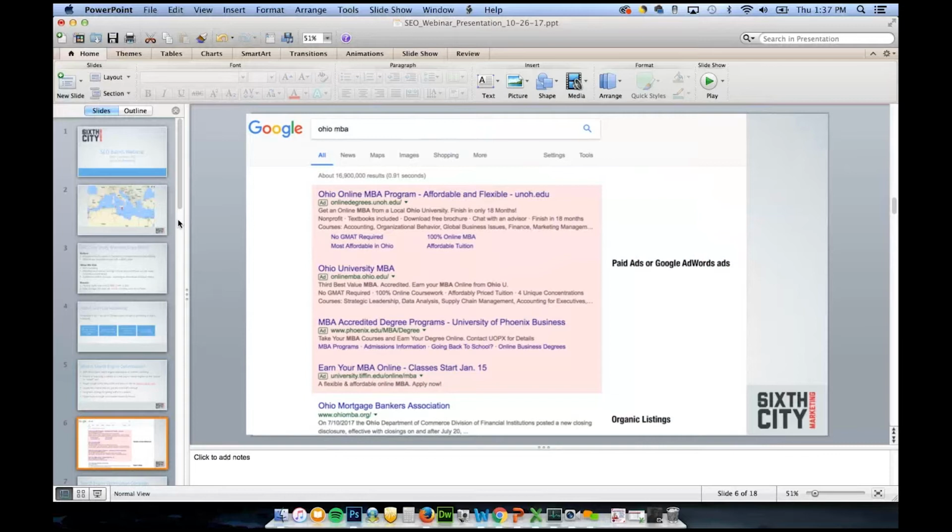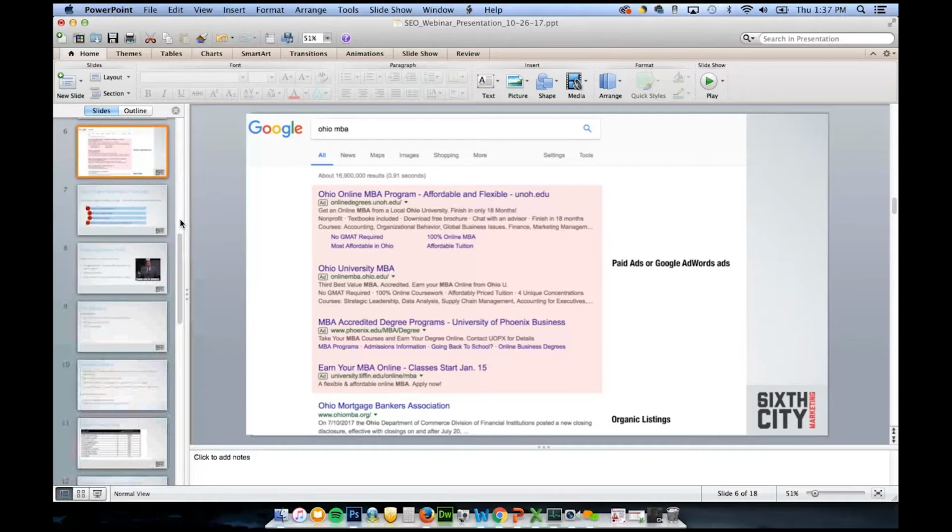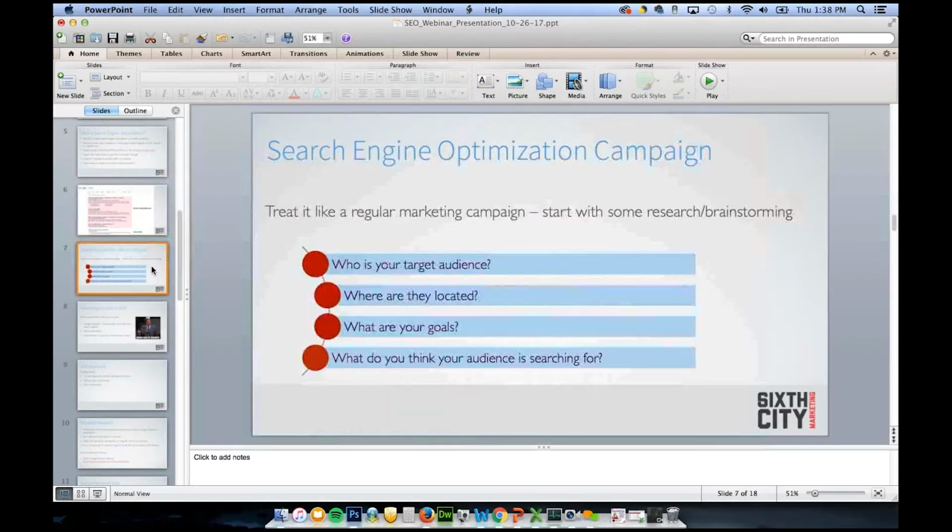So some people are quick to dismiss paid, but it's actually important as well to have presence there if you can be in that realm with having a budget and that sort of thing. But organic is definitely the one that is clicked on the most in the research that we've done, and it's very effective.